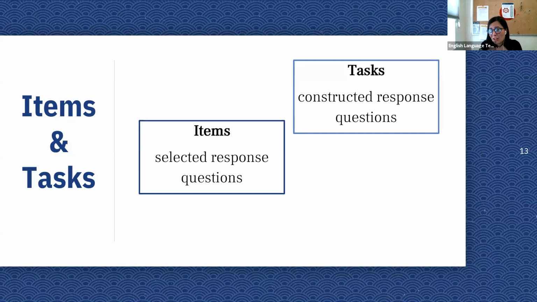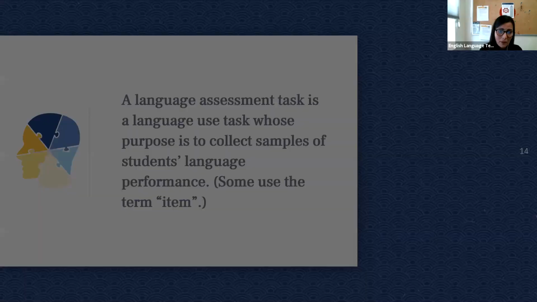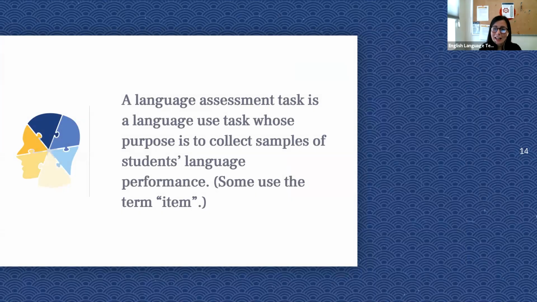So we have this distinction here for the purposes of this webinar. And why am I saying for the purposes of this webinar? Well, because when you read research on it, you see them used interchangeably, right? Items and tasks. A language assessment task, be it an item or a task, is a task whose purpose is to collect samples of students' language performance.